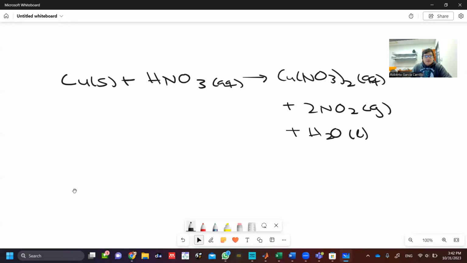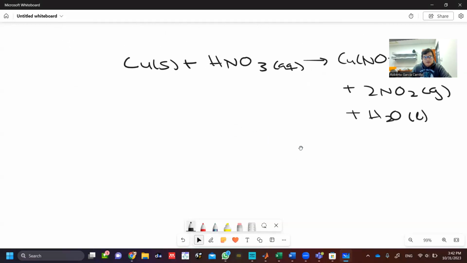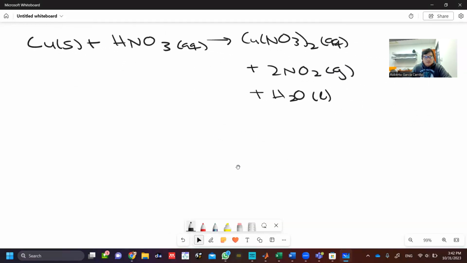If we write the total ionic equation of this reaction, we have copper plus H+ ions plus nitrates, which have a negative charge.